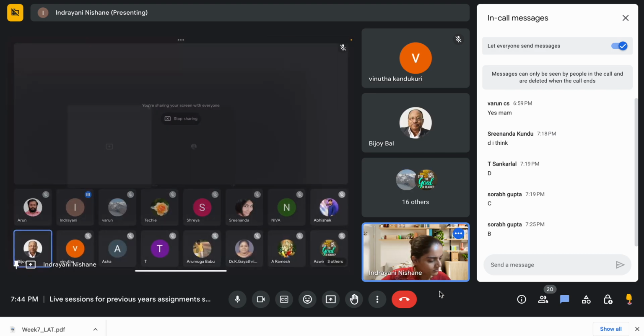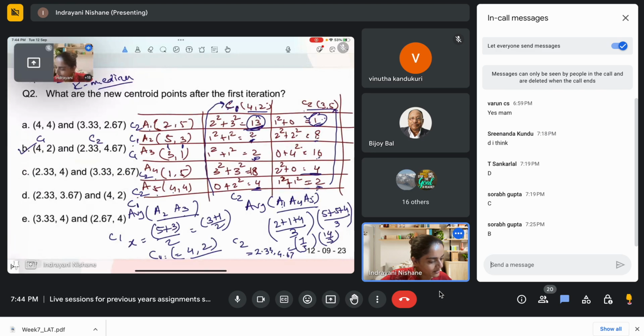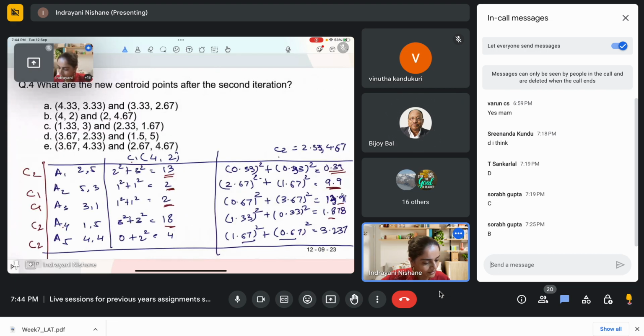Yeah. Our first iteration, the clusters were also same, like A2 and A3 belonged to cluster 1 and A1, A4, A5 belonged to cluster 2. Same thing is here, this is cluster 1, cluster 2, and this is cluster 1.